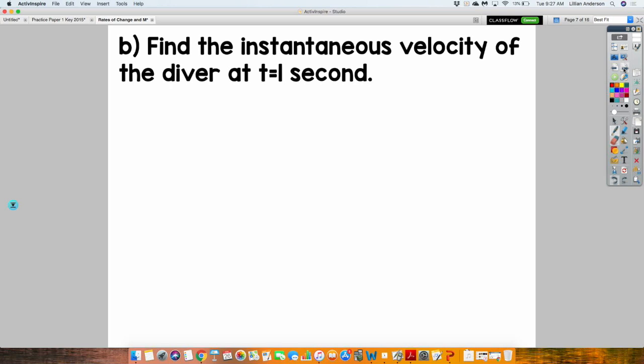So that's the first times the derivative of the second plus the second times the derivative of the first. What's the derivative of negative 9t? Negative 9.